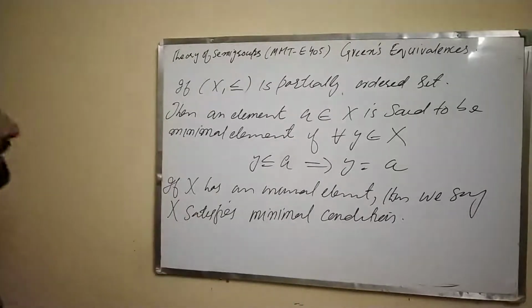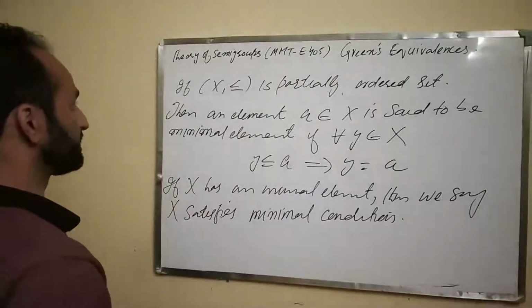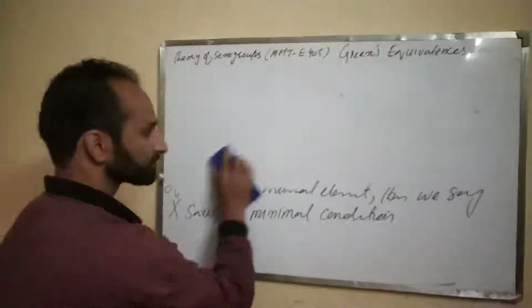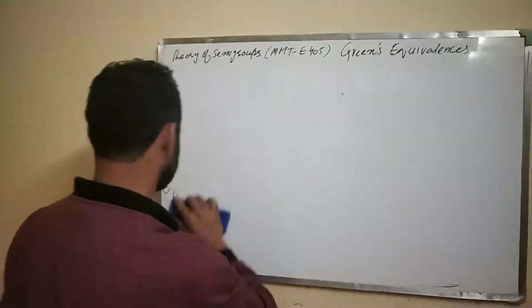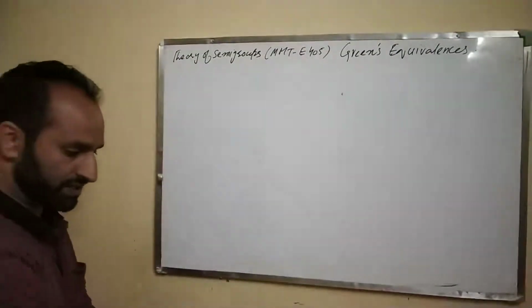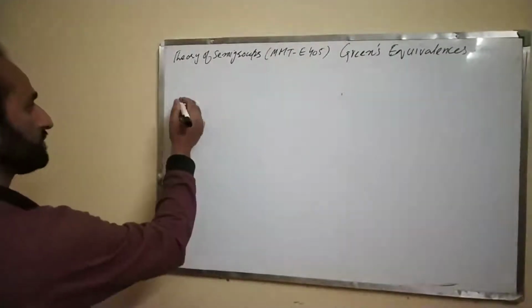Okay, now let's come back to this Green's equivalences. So we have defined the L relation, R relation, D relation, J relation. So let's define those sets.